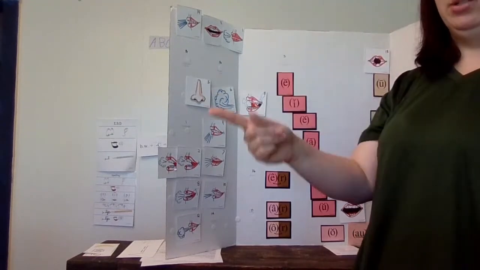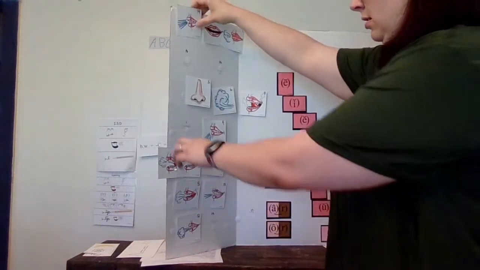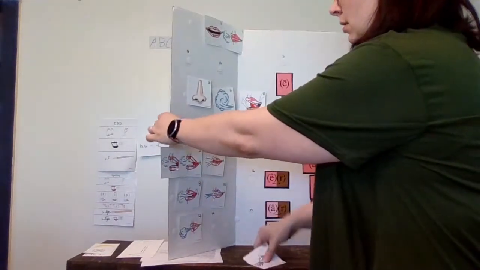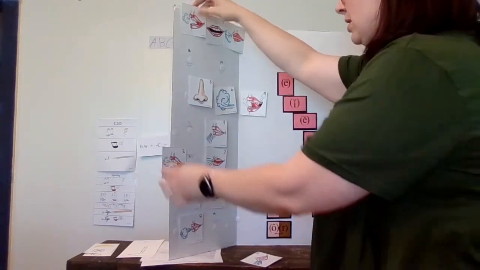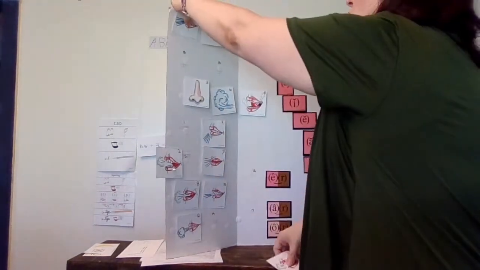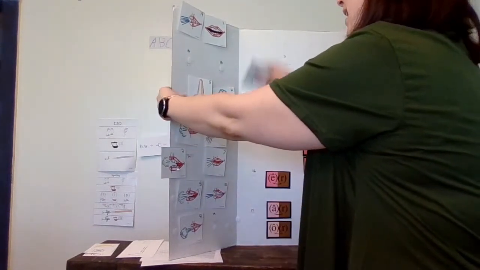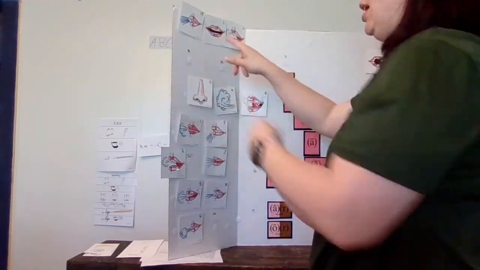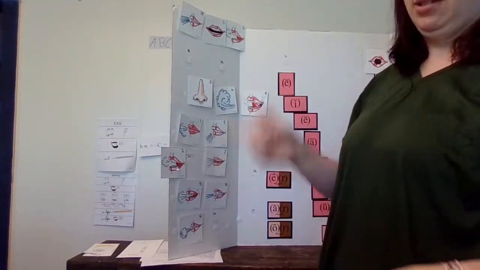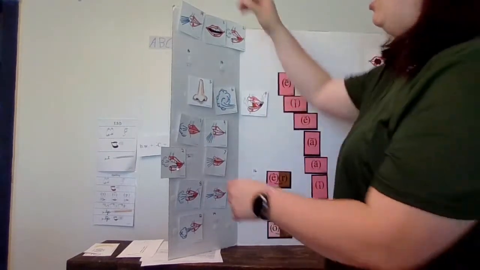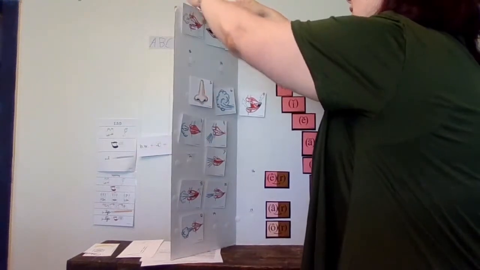D. Oh, I'm sorry, I messed up on shed. Let me go back. Sorry, d. My bad. All right, so if this is shed, we're going to change it to dead. D. D.